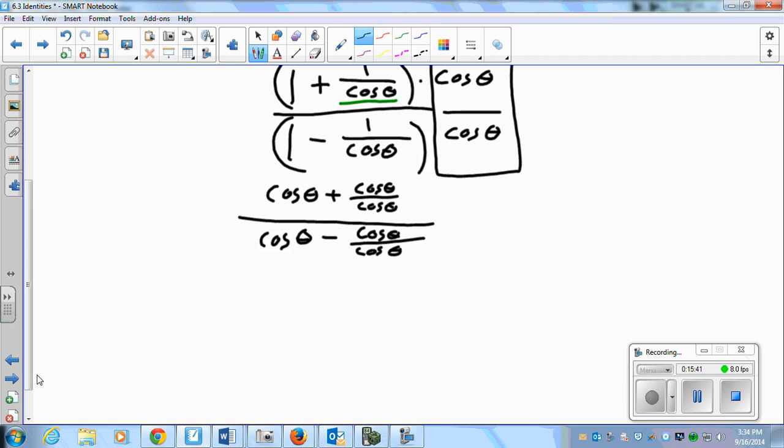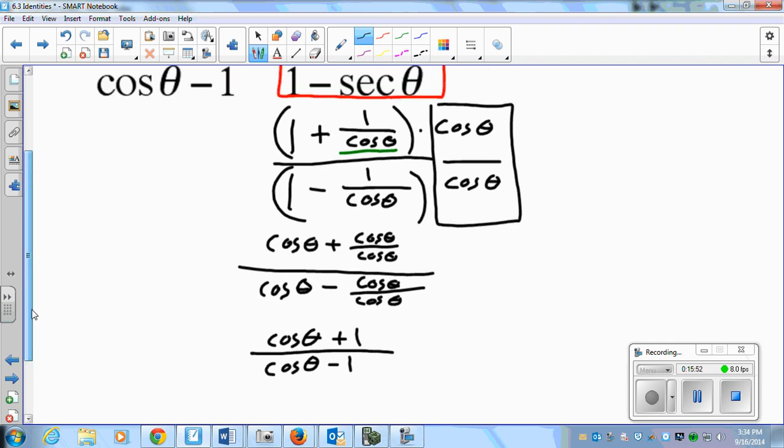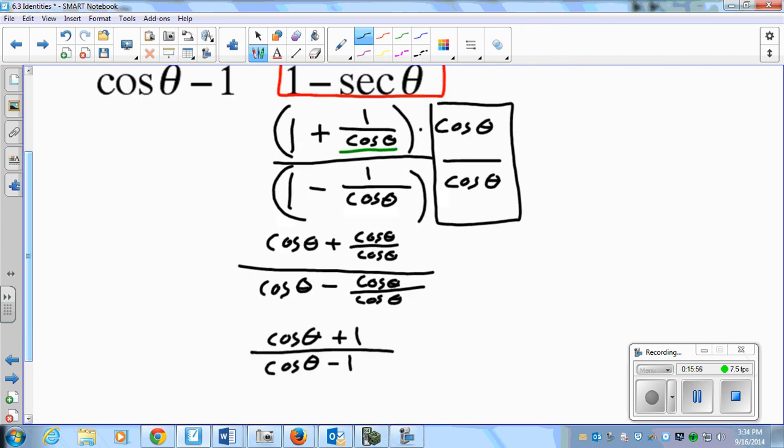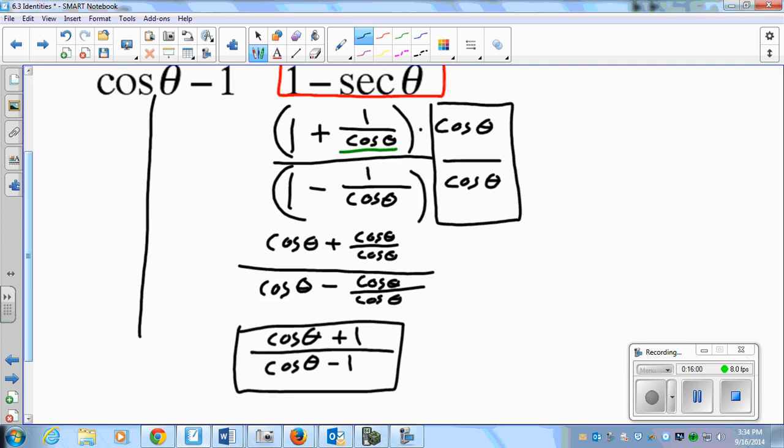Well, the numerator is going to be cosine of theta plus 1 over cosine of theta minus 1. I got equal to the left side, so I have now established my identity. I box it and show that it's equal there.